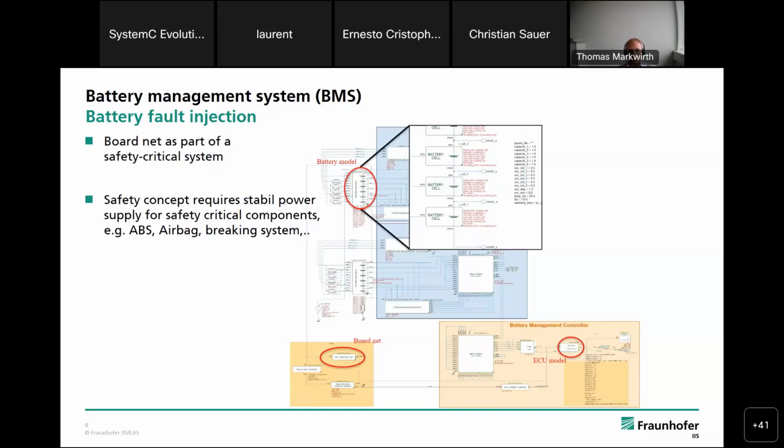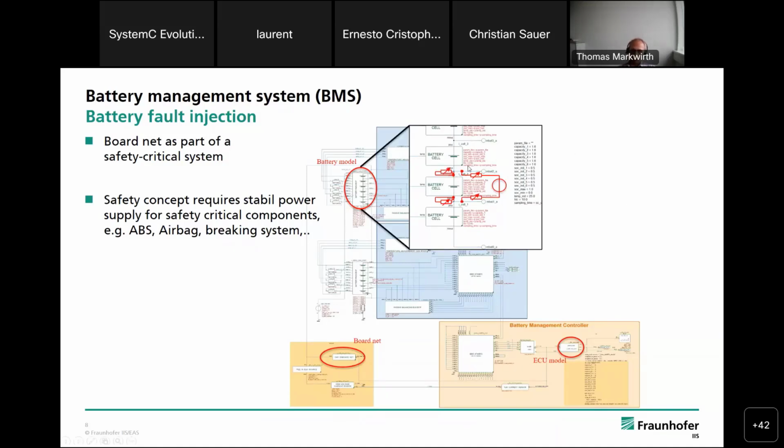And this provoking of the undervoltage condition is now done during runtime, like is shown here. So we inject during the runtime, we reconnect the connections of the battery cells and use instead an alternative voltage supply, like is shown here.